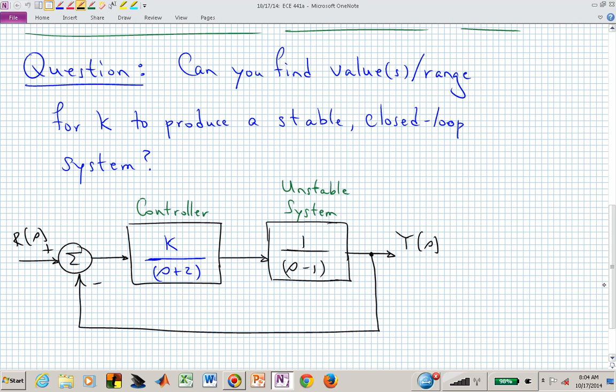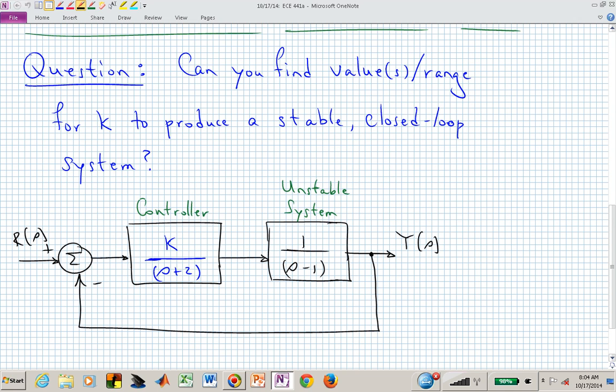Here's a question that helps motivate this idea, and this is for you now to try to determine. Can you find a value or values or a range on K? This is now, let's say, a knob on your system. You're adjusting K, and you want to know, can I adjust the gain K to make this system stable?